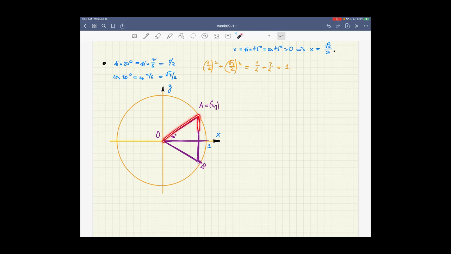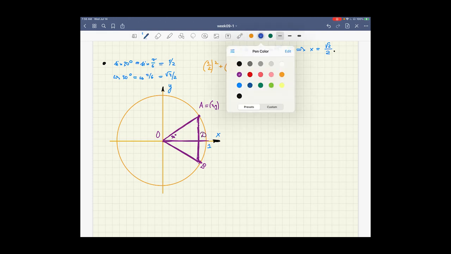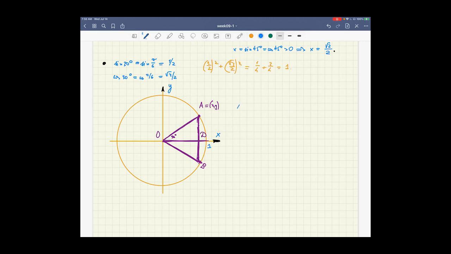These two triangles are equal. If I call this point D, what I am saying is that the triangle OAD equals the triangle ODB. That is because both are right triangles.